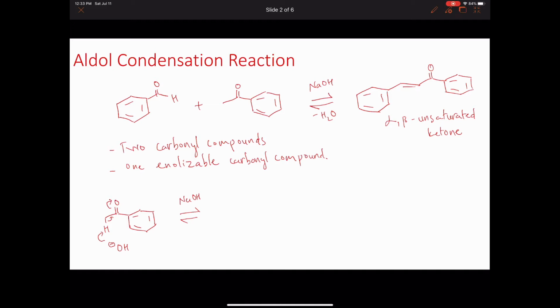So we have a deprotonation process here, and we're gonna form a new product. And in this product, we have a negative charge on oxygen.